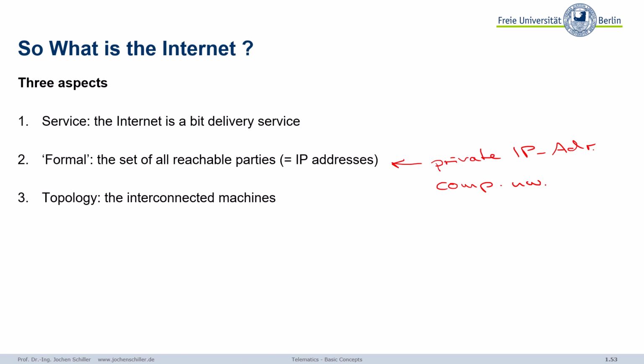Then we can also discuss the topology. So the internet is basically this network of interconnected machines. So that's another aspect. So we see machines, connections, wired, wireless connection, etc. So you see, it depends on your viewpoint, what is the internet?